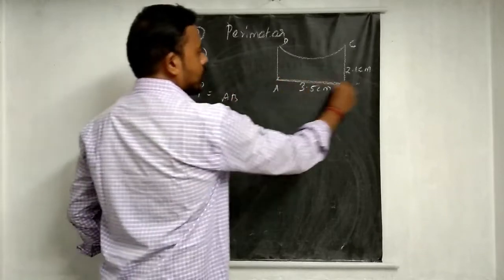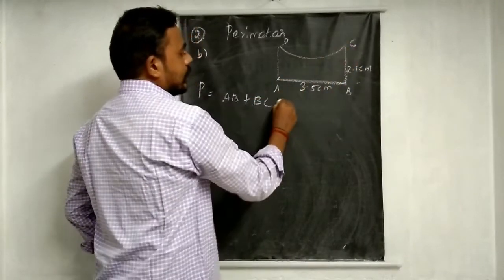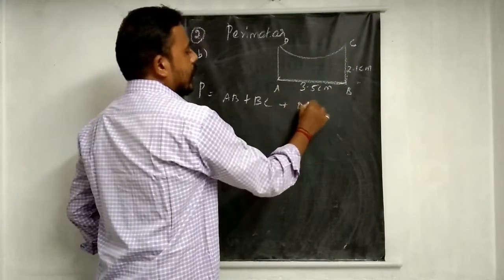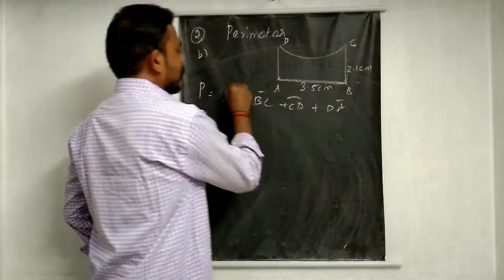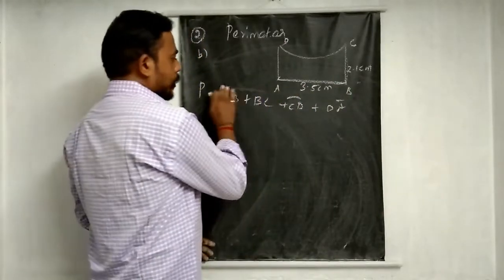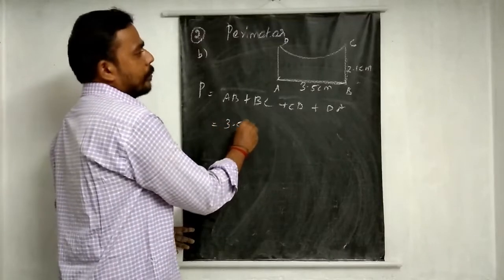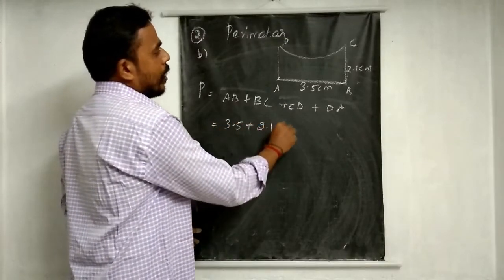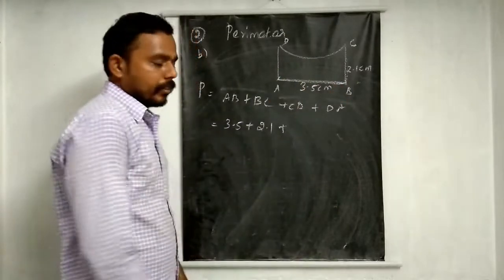First we start with this one, next plus BC, this line, next CD. CD is the arc, plus DE. Remaining all are just lines. So AB 3.5 plus BC 2.1 plus CD, a semicircle with diameter 3.5.